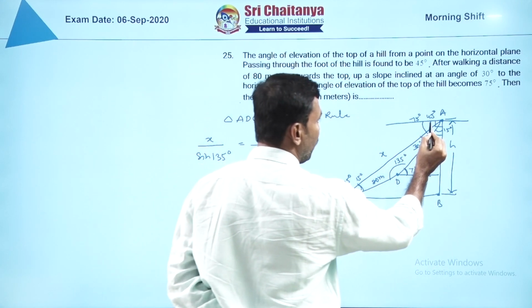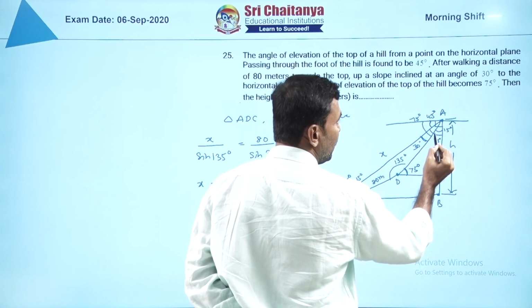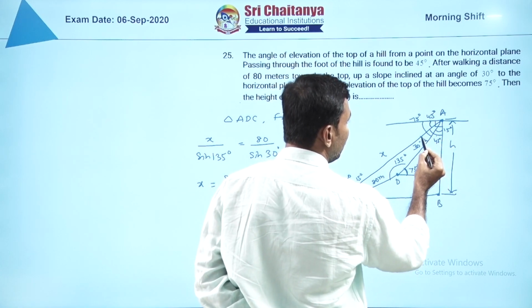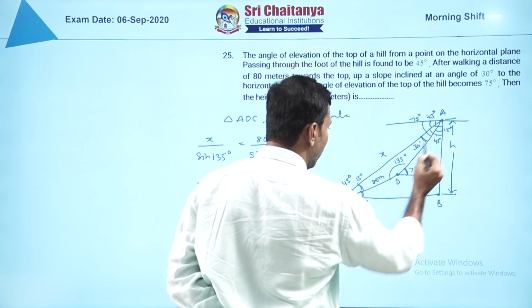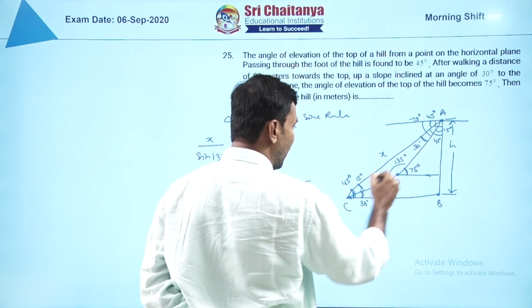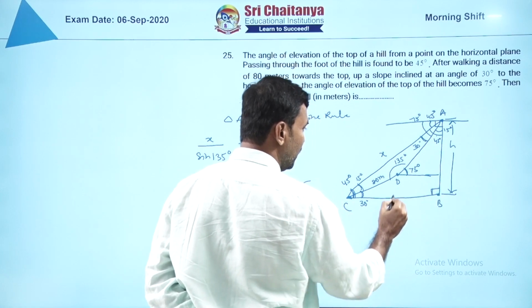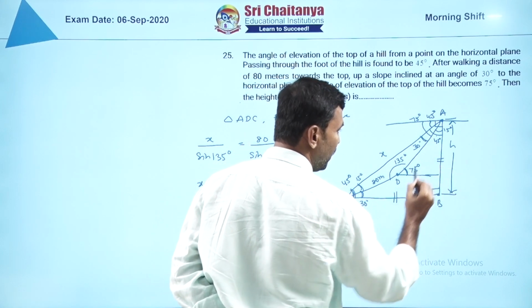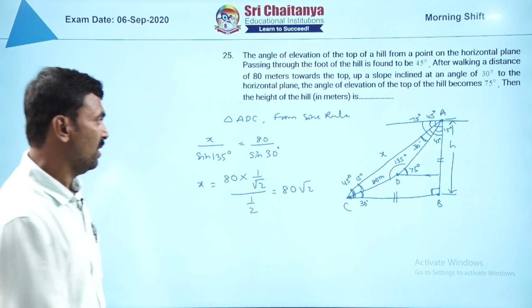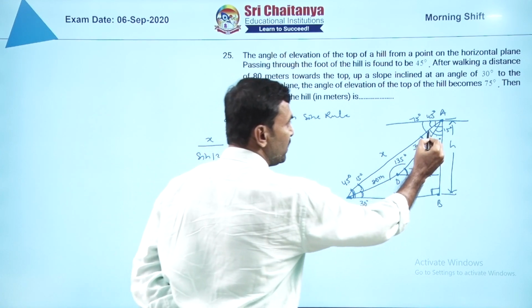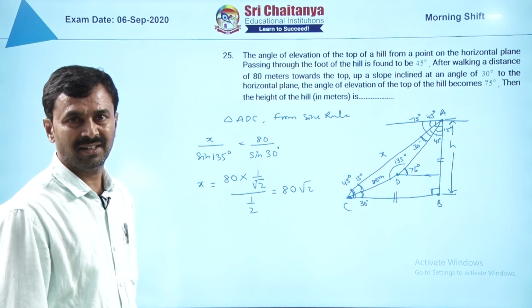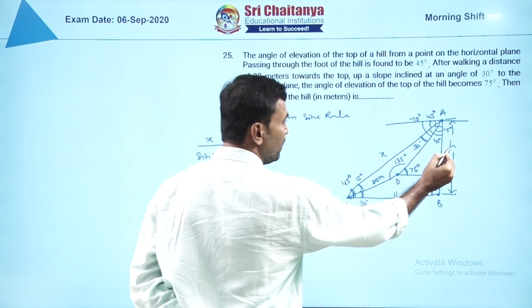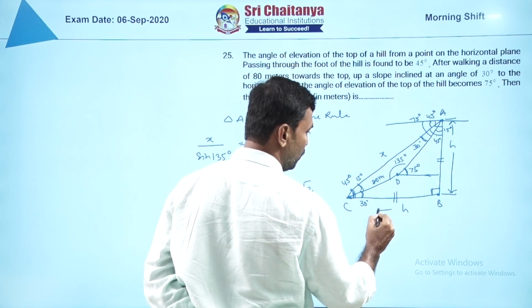See, this is 45, this is 15, this is 30, therefore, this is 45. So, this angle is 45, this angle is 45 in right angle triangle ABC, this length is equal to this length clearly. This angle is 45, this angle is 45, this is 90, therefore, it is a right angled isosceles triangle. So, therefore, when I take this is h, this also becomes h.